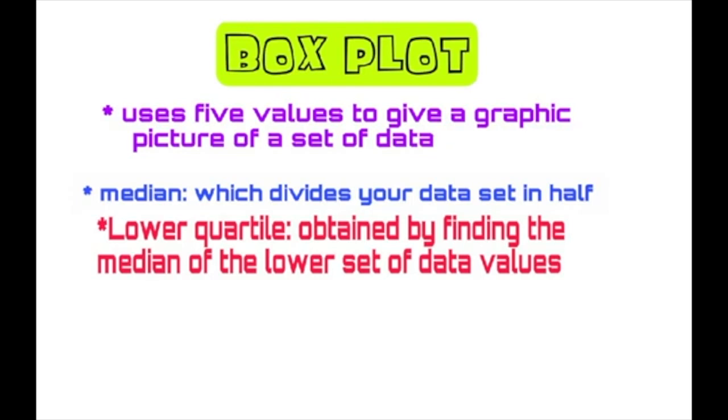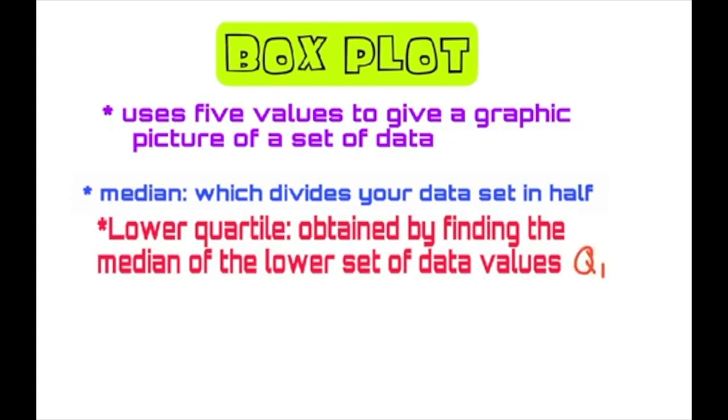If there are 2 numbers in the middle that you are adding and then dividing to find the median, then please remember that each one of those numbers would become part of your data set in finding the lower and upper quartiles. So to find the lower quartile, you are simply finding the median of those lower values. And remember, the lower quartile can also be known as Q1.